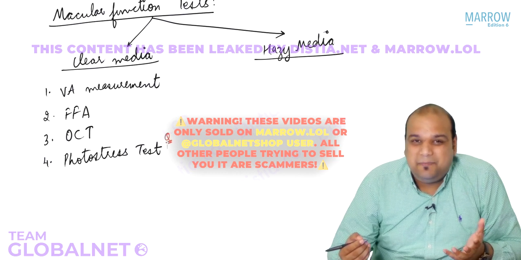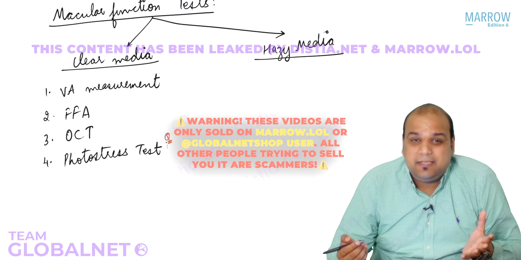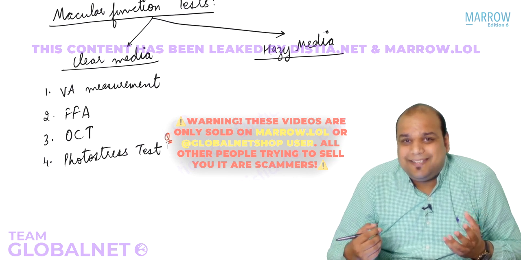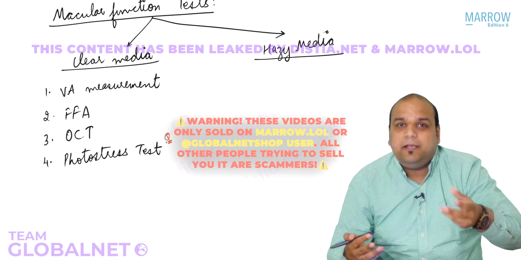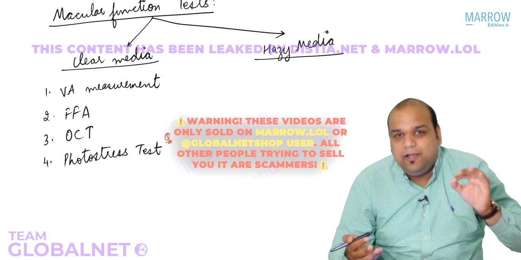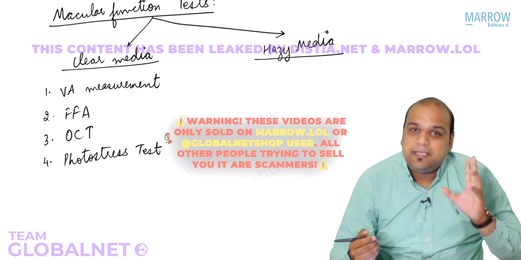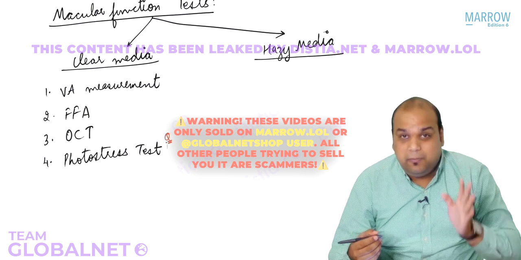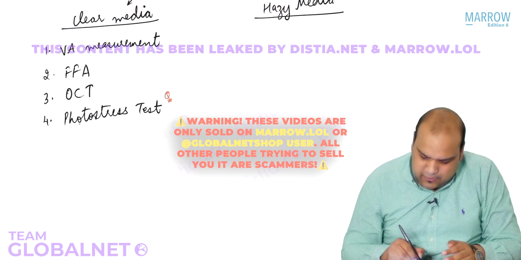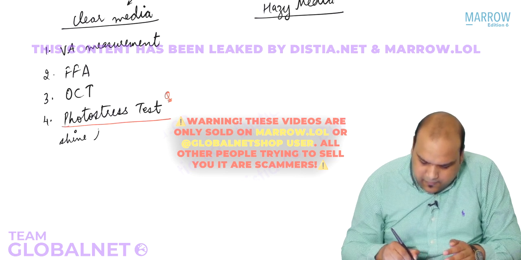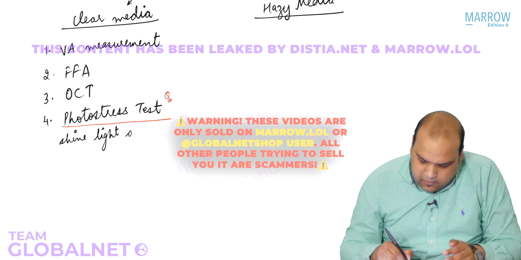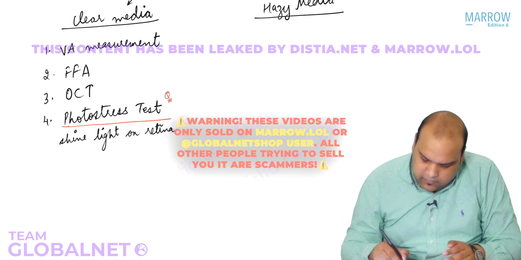The question was very simple. All you needed to remember was the name from this list. The question was, photo stress test is used for. The answer was differentiation between macula and optic nerve disease. Okay, everybody? Only one option mentioned macula. That was the ease of the question. But you needed to remember. What do we do in this test actually? We shine light on retina for 10 seconds.